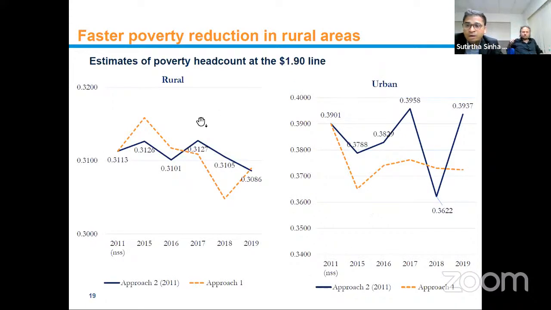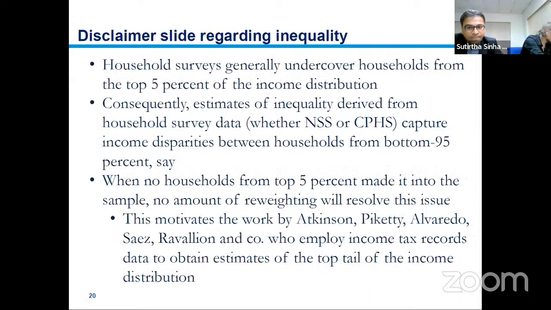When we split it by rural and urban, rural trends are flatter, with less change, and the endpoint-to-endpoint comparisons would suggest that there is no increase in rural inequality either. Whereas in urban, we observe that in 2019 there was a marginal uptick compared to 2011. So again, something that I will allude to later.